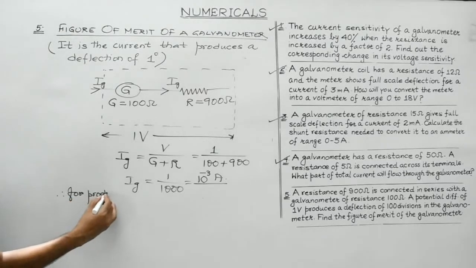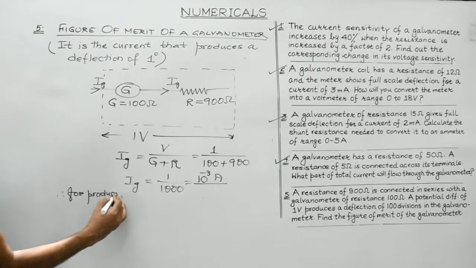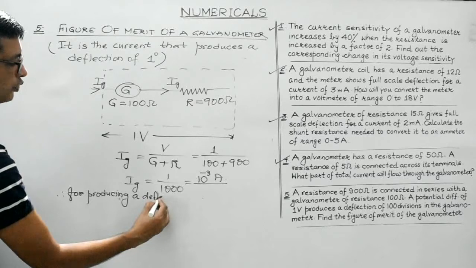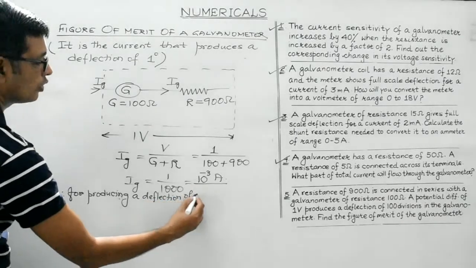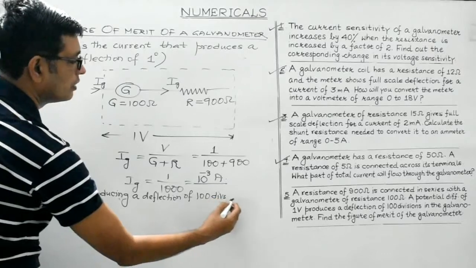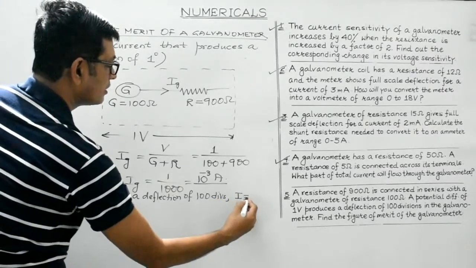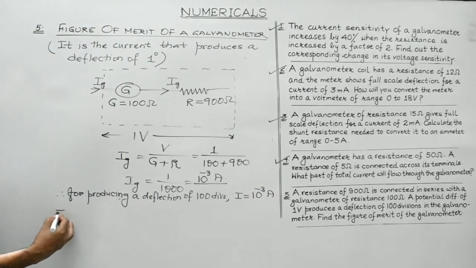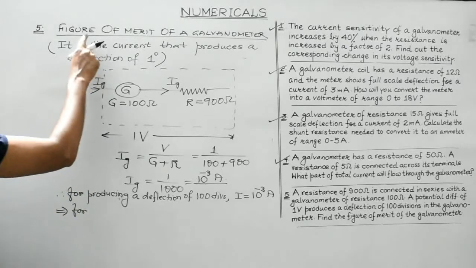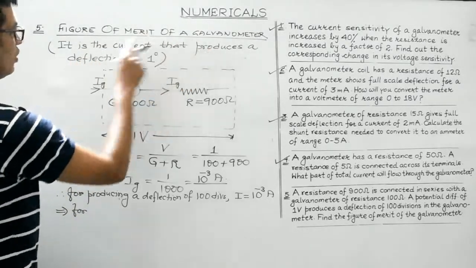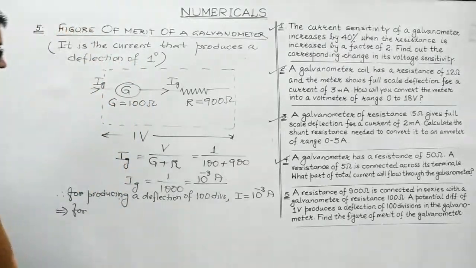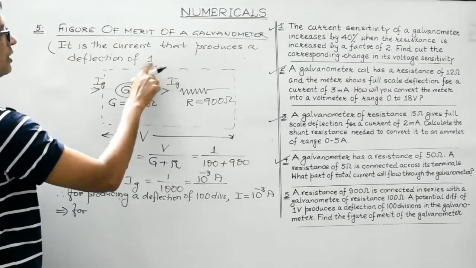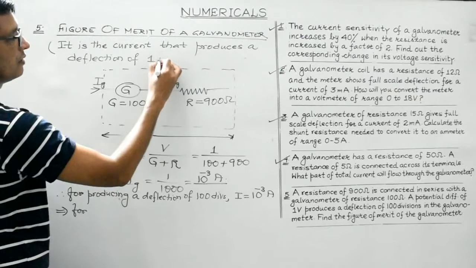So therefore, for producing a deflection of 100 divisions, current required is 10 raised to power minus 3 ampere. Clear? Which implies that we need to find out the figure of merit, which is the current that is required to produce a deflection of 1 degree or 1 division. Actually, it is the current that produces a deflection of 1 unit.